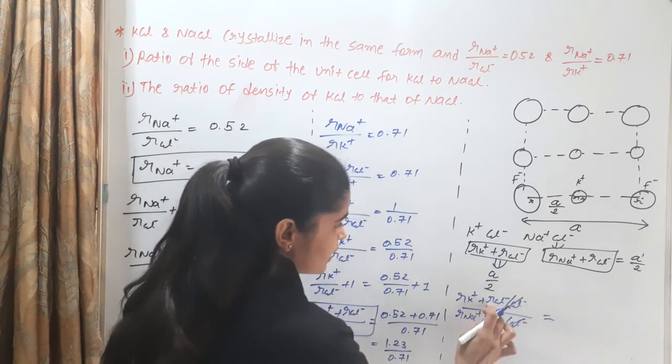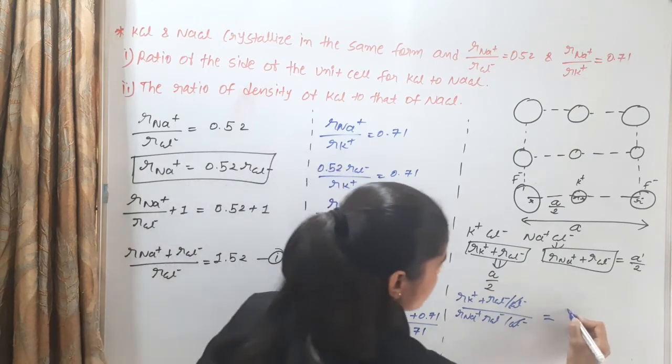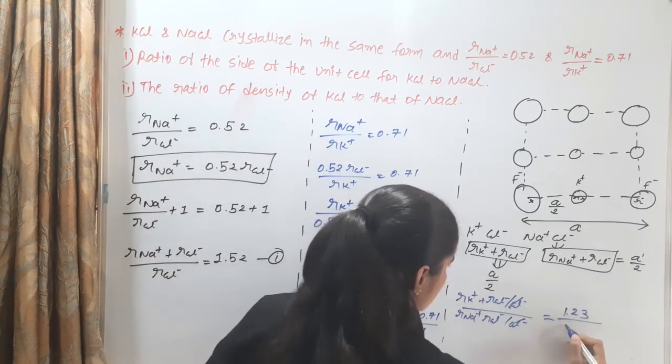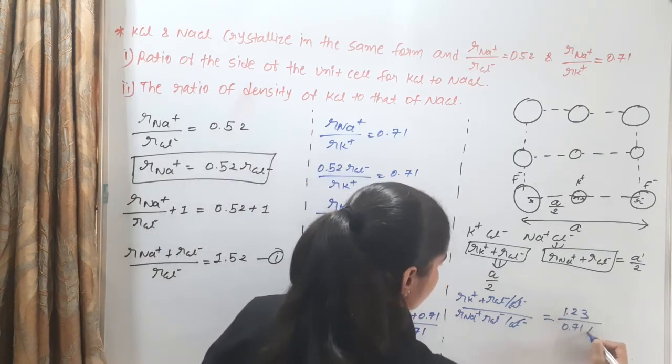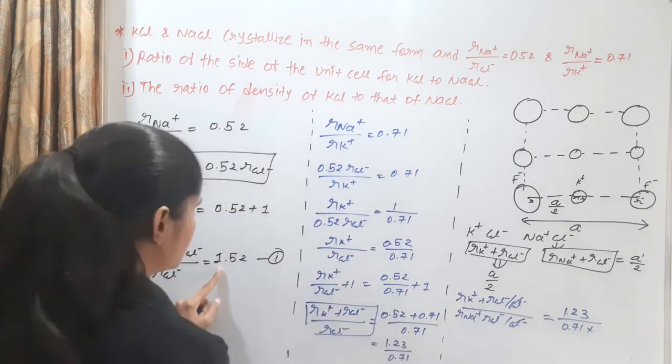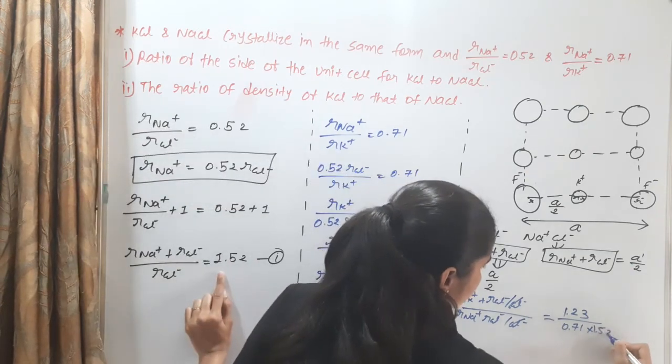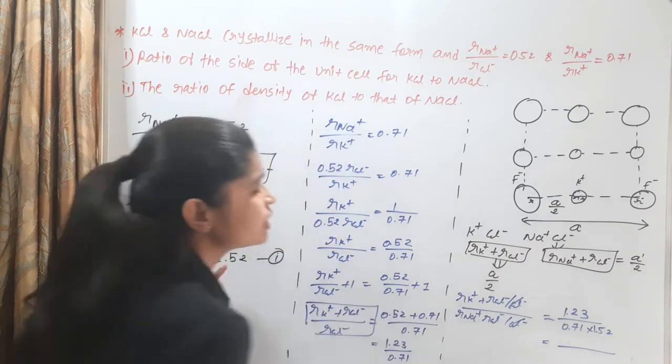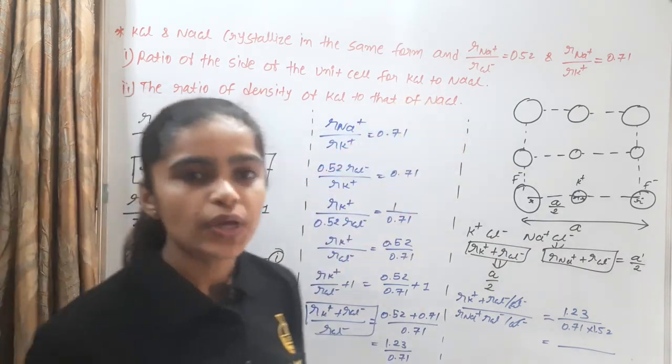So the ratio is 1.23 divided by 0.71 into 1.52. This is the answer for the ratio of the side of the unit cell of KCl to NaCl.